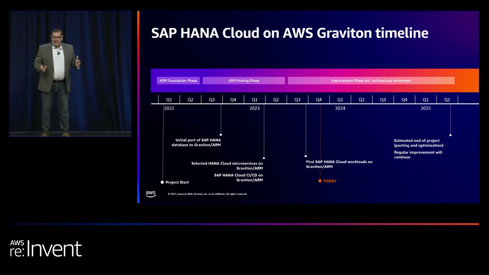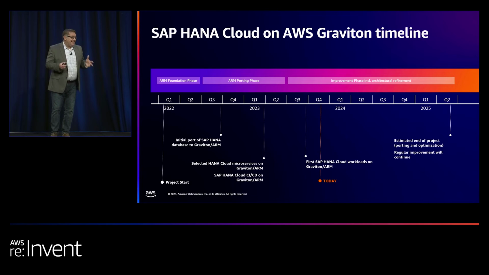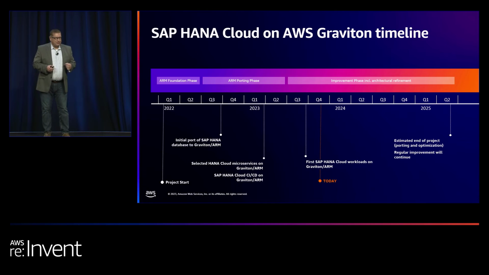So this was getting the infrastructure ready, getting the teams up, things along those lines. And only about 6 months later, in late Q3 2022, we actually had our first initial port of the SAP HANA Cloud database, that database engine that we talked about, to the Graviton infrastructure.